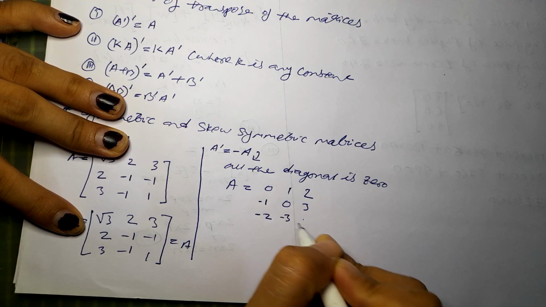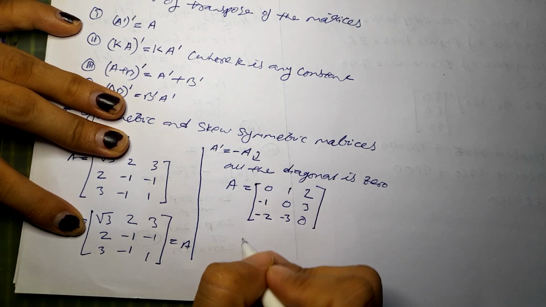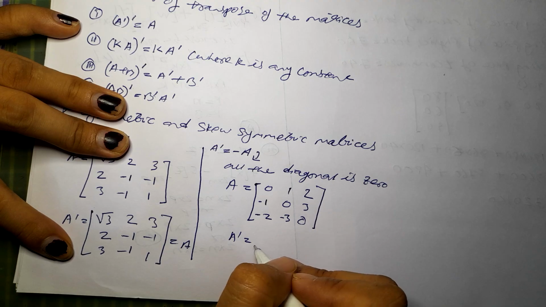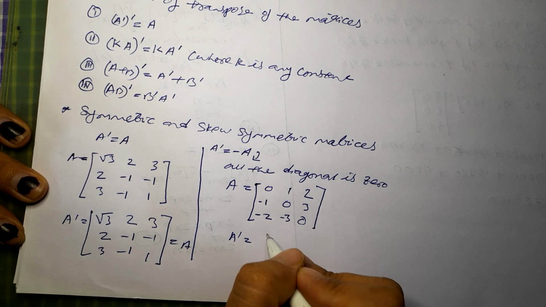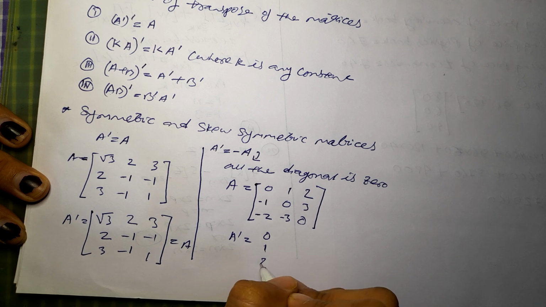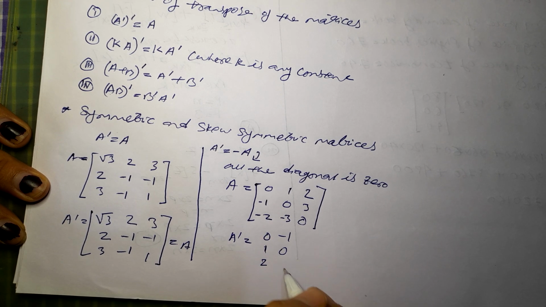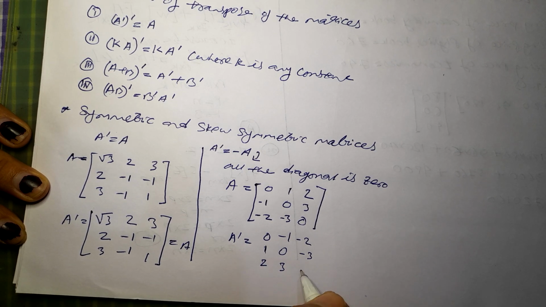This will be minus 3, 0. So take the A transpose. A transpose will be, the row will become column. So it was 0, 1, 2. So here it will be minus 1, 0, 3, minus 2, minus 3, 0.